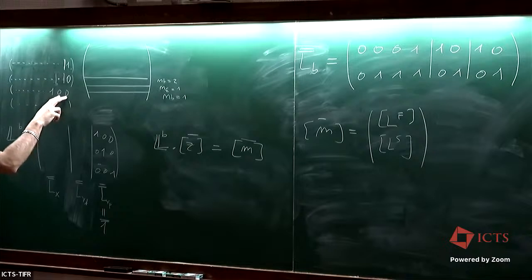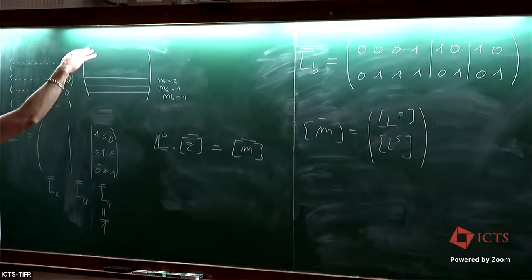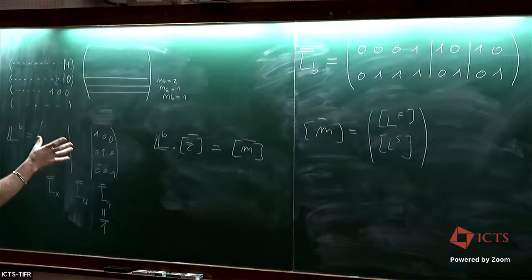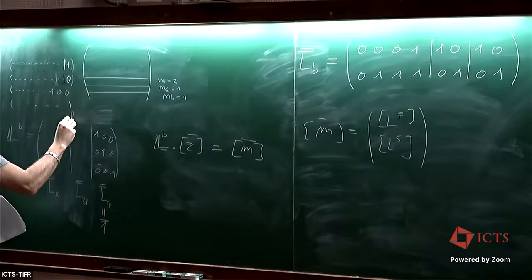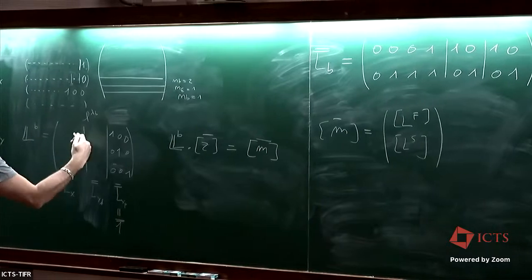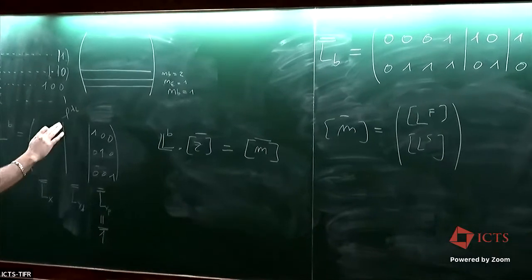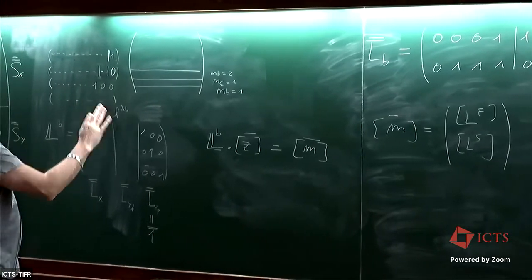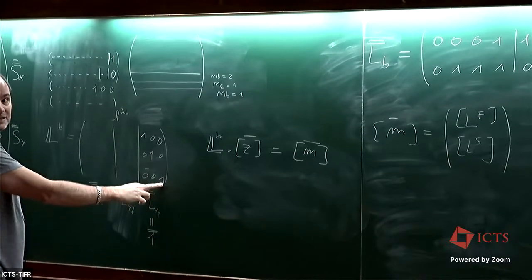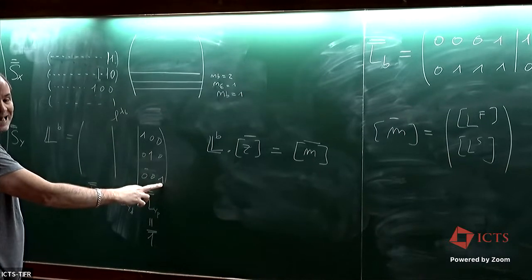By construction, we'll have 0 here. And so when I fill my matrix of LBs, every line of this matrix is a LB, a lambda broken. So these are the different lambda broken. Because I build them like this, I make sure that I have the identity in this part of the L matrix.